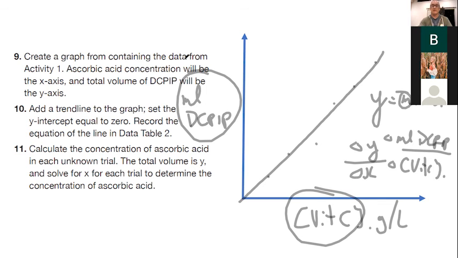So basically all you need to do is use the slope of this line to relate these two things. And then you use mils of DCPIP to calculate your concentration of vitamin C for your unknown. And that's it. So it's a fairly straightforward experiment.